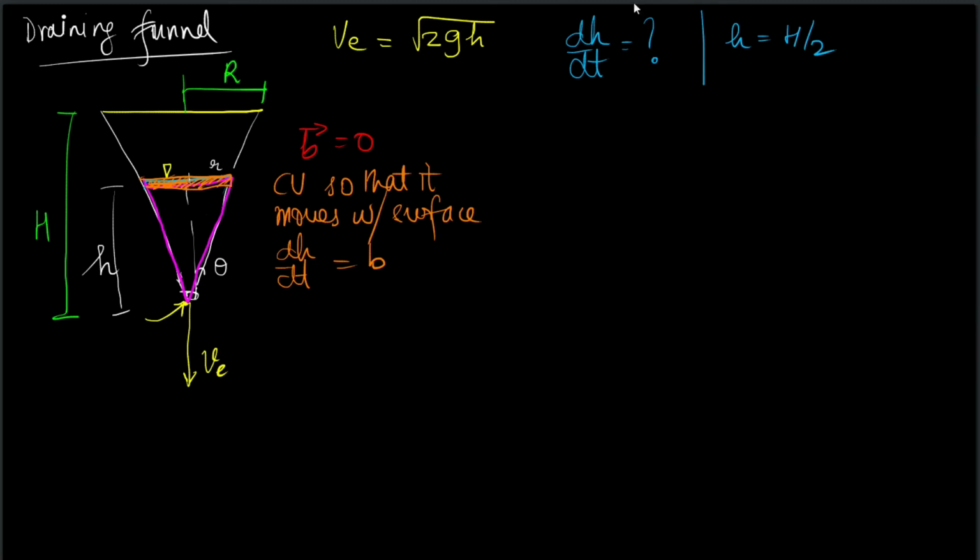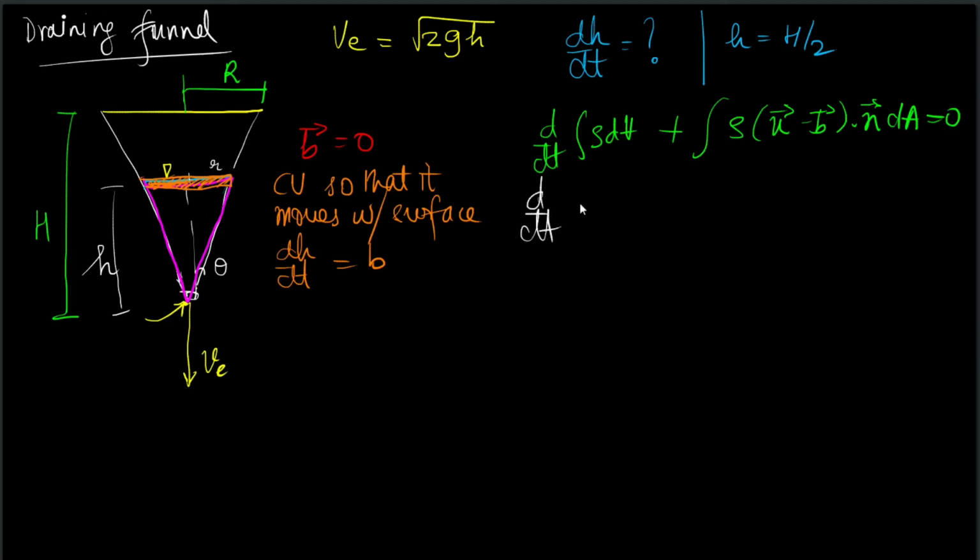So let us write down the conservation of mass. d/dt of integral rho dV plus integral rho (u minus b) dot n dA is equal to 0. So now this first term is d/dt of integral rho dV, which will be this mass, so that will be equal to rho times the volume.